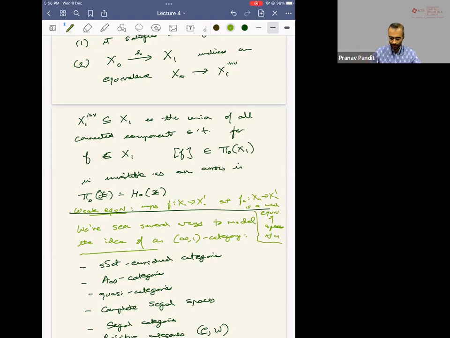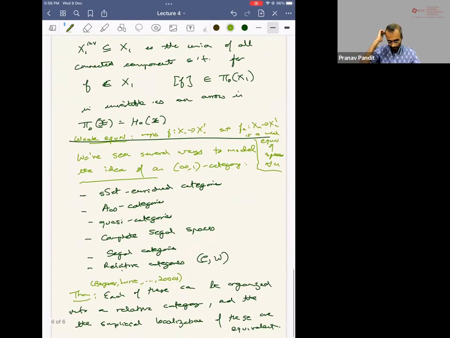Complete Siegel spaces are very nice because the weak equivalences are easy to understand. And for relative categories, again, you can take the simplicial localizations and ask for those to be Dwyer-Kan equivalent. That's one definition. So essentially this theorem guarantees you, and by the way, if you look in the literature, usually this is stated in the language of model categories. And model categories are basically relative categories or homotopy theories. Okay, anyway, let me just say aka homotopy theories.